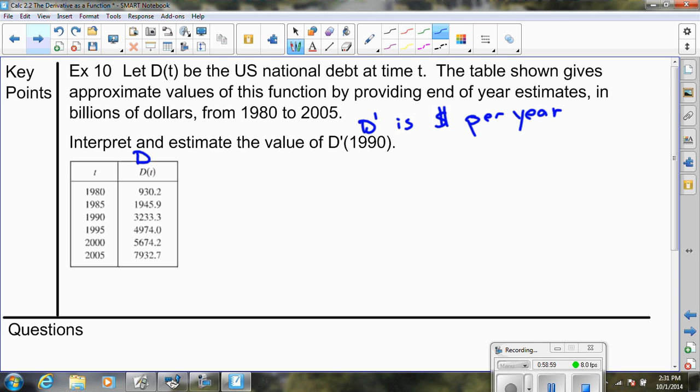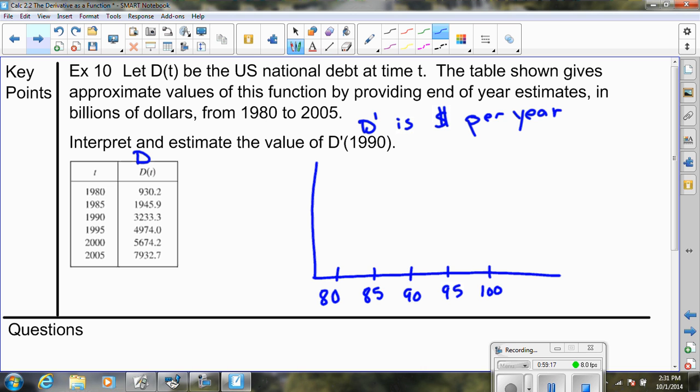Well, for this particular thing, there are lots of different ways we can do it. I'm going to start off by looking at this piece and say, okay, here's 1980, here's 85, and then 90, and 95. 100 would be the year 2000. Then I have 2005.